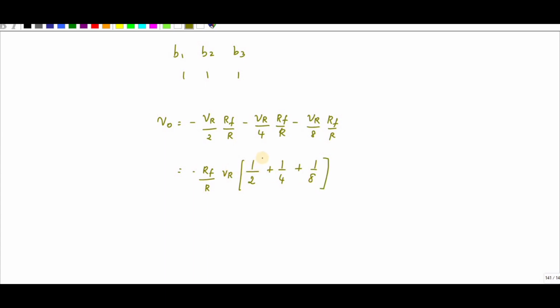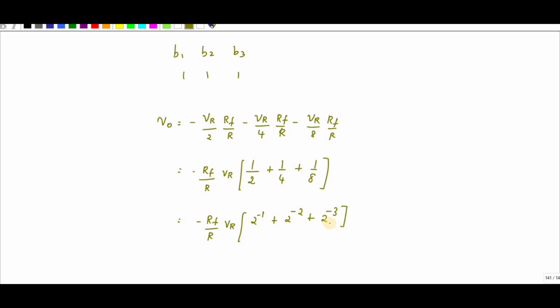Okay. So I can write this as minus RF divided by R into VR into 2 power minus 1 plus 2 power minus 2 plus 2 power minus 3.